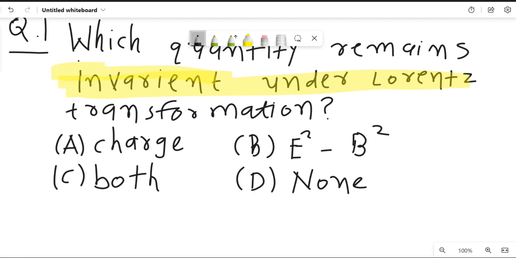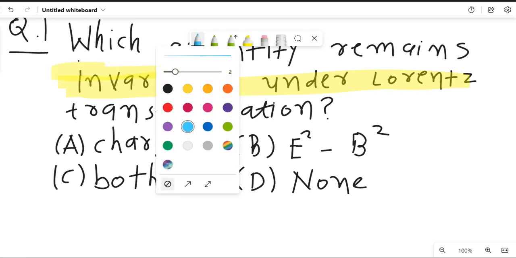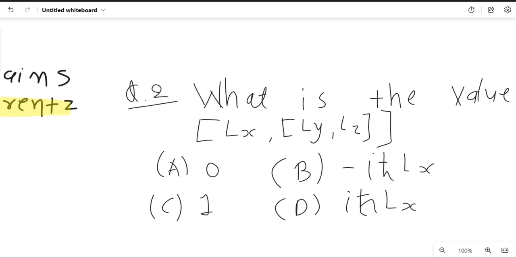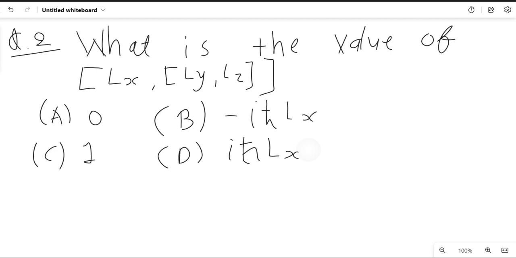The options are: A charge, B a square minus b square, C both, and D none. Charge and a square minus b square both remain invariant under Lorentz transformation, so the correct option will be C.